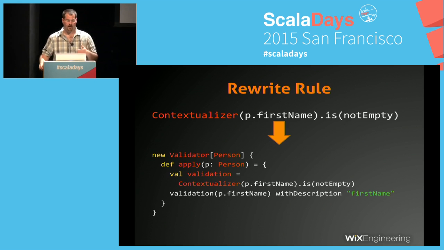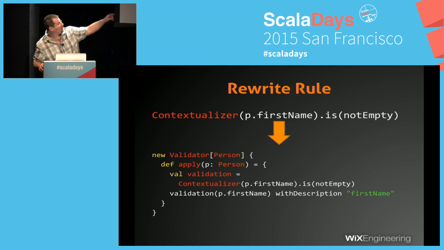So I just take advantage of the fact that I'm in control of both the DSL and the macro itself, and make this step really, really easy. So the validation rule, yes, I'm sorry? Yes.